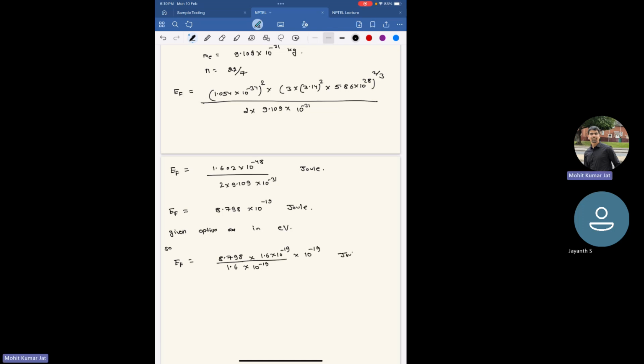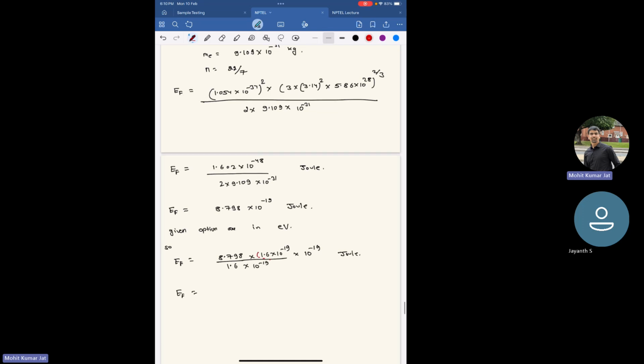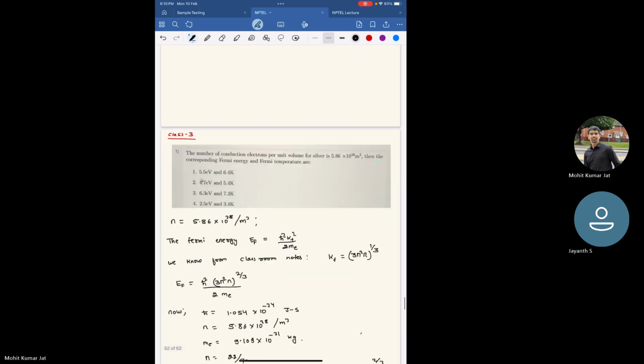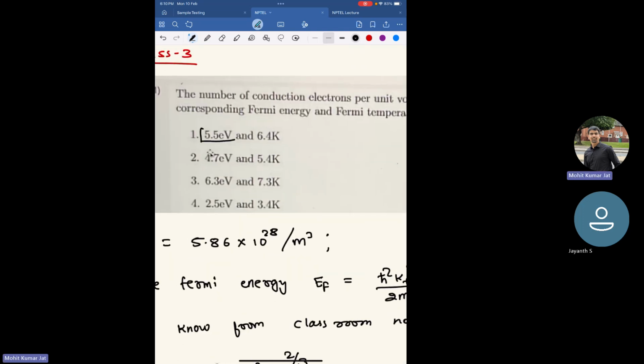This is in joule, but this part corresponds to the electronic charge. So the answer which remains is 8.798 divided by 1.6, which is 5.498. The 10 power minus 19 cancels and this turns into eV, roughly 5.5 eV. Let's see, so option A has 5.5 eV.